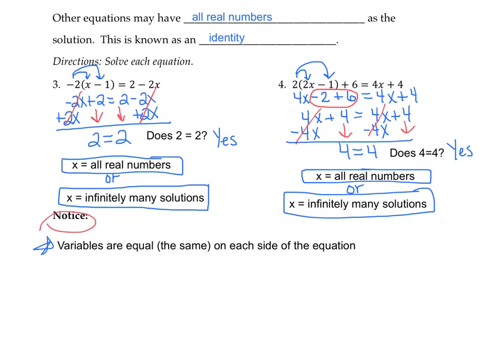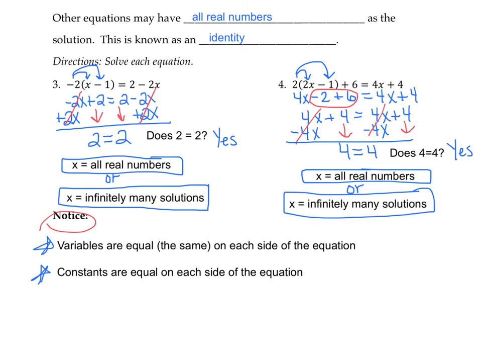Now let's check out our constants in problems 3 and 4. Well, we have 2 and 2 in example 3, and then we have a positive 4 and a positive 4. So what do you notice about our constants, our numbers? Well, they're also equal. So our second characteristic is our constants, also known as our numbers, are also equal on each side of the equation.